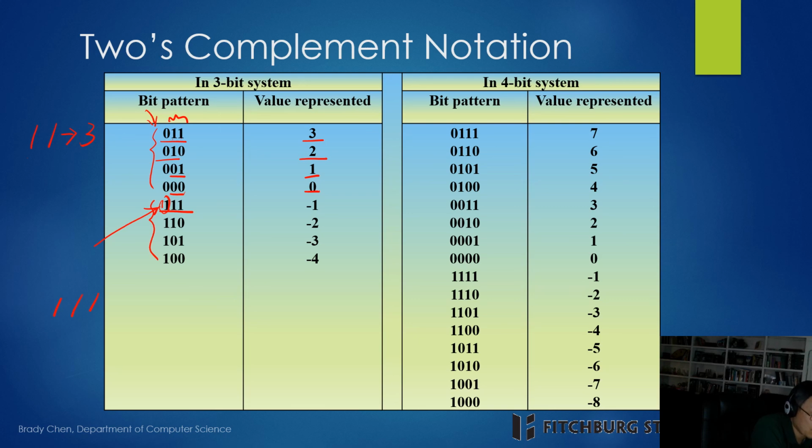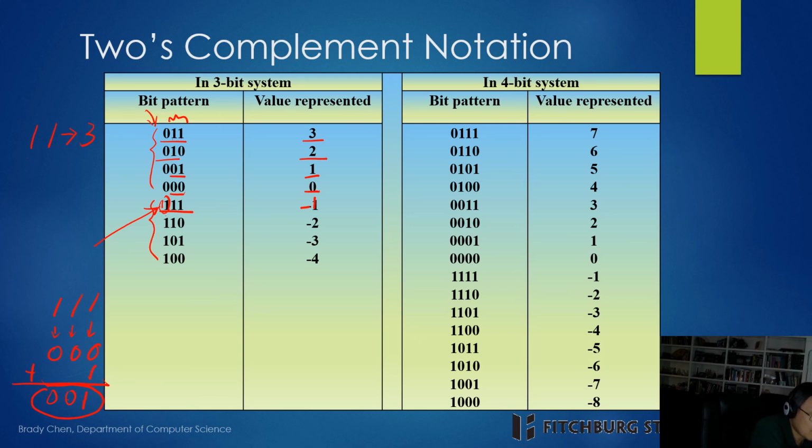We need to invert the 111 to its complement and add 1. So this gives you 001. Now that's the absolute value of the decimal number. However, we know it's a negative sign because the most significant bit is 1. So the actual value is -1, because the absolute value is 1.